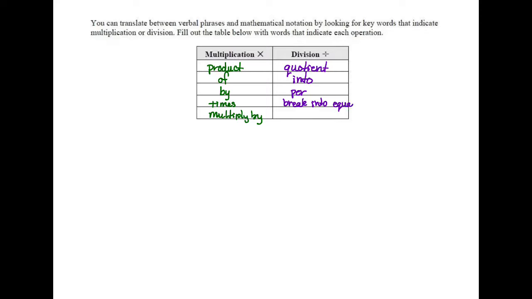And you could say how many equal parts, right? So like break into 5 equal parts, you divide by 5. And then just a basic one, let's do divide by. So it kind of matches the multiply by.